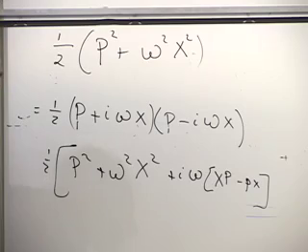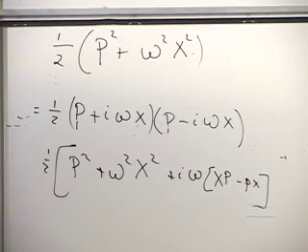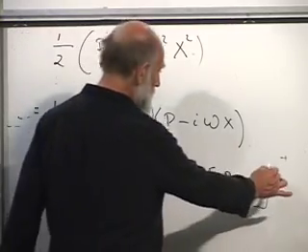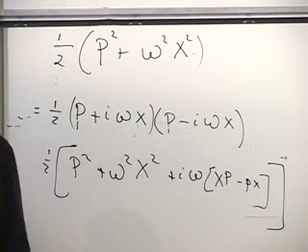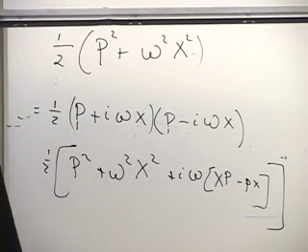Classically, this would just go away, but quantum mechanically, the commutator of x and p is not equal to 0. What was the commutator of x and p? i h bar, right?